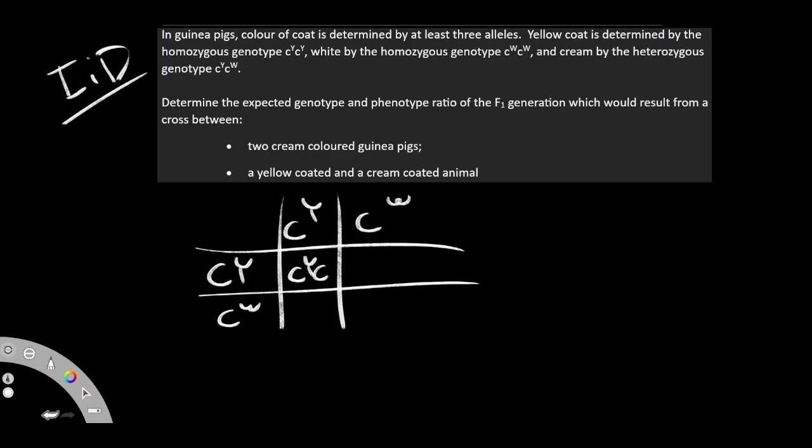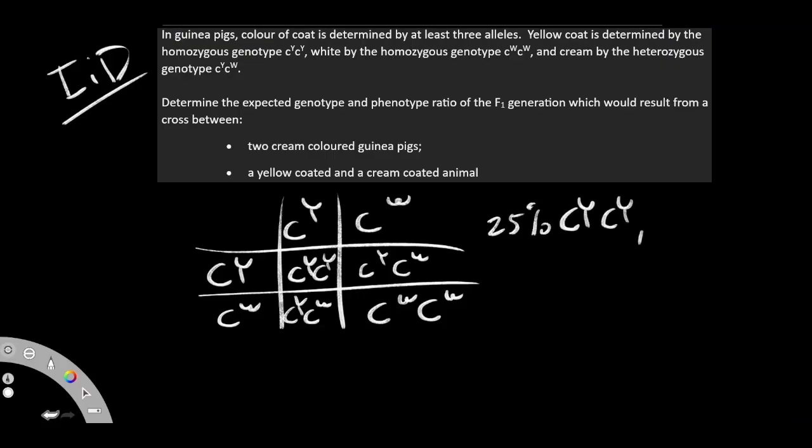You get CYCY, CYCW, CYCW, CWCW. It doesn't matter who you put first, Y or W. It is not indicative of an order of who is more dominant than the other. It does not matter. So the chance of getting a CYCY is 25%.